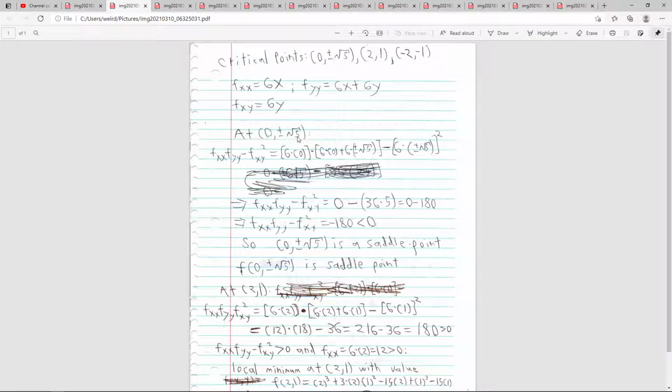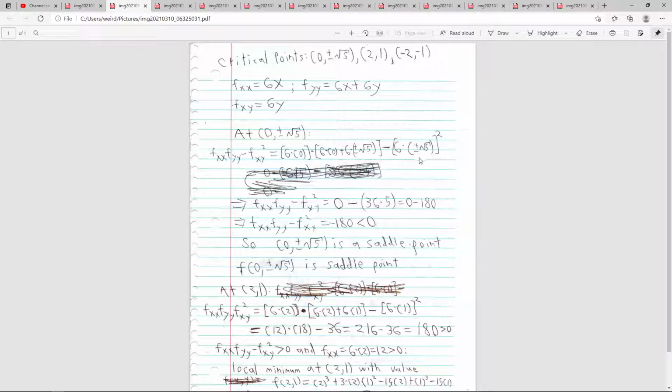At 0 plus or minus square root of 5, this becomes 6 times 0 times 6 times 0 plus 6 times plus or minus square root of 5, minus 6 times plus or minus square root of 5 squared. So in the end, this simplifies down to 0 times something, so that's just 0. Then subtracting, you get 6 times plus or minus square root of 5 times plus or minus 6 square root of 5.